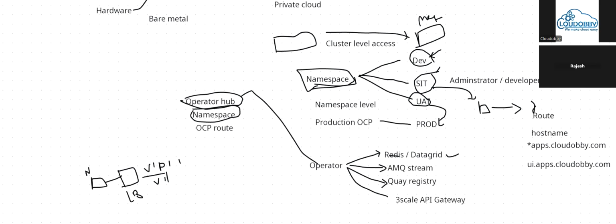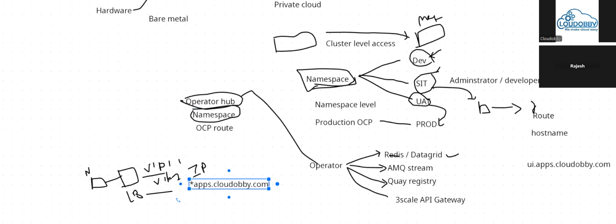This IP address will have a mapping of this domain. For the load balancer IP address, I will give this as the host name in my DNS. This way, whatever application I am exposing through a route will use this host entry.